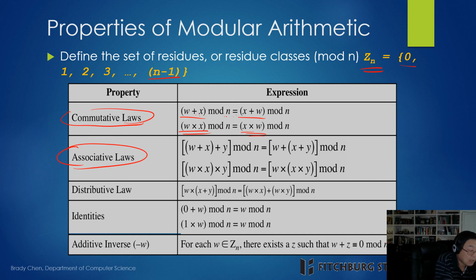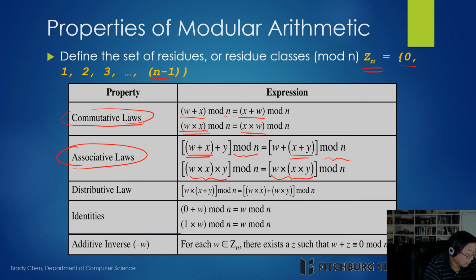So w plus x, in parentheses, plus y: when we do the first plus first, or the second plus first, we get the same result under mod n. And the same thing for multiplication. It doesn't matter which order we perform. We can multiply w and x first, or we can multiply x and y first. Doesn't make any difference.